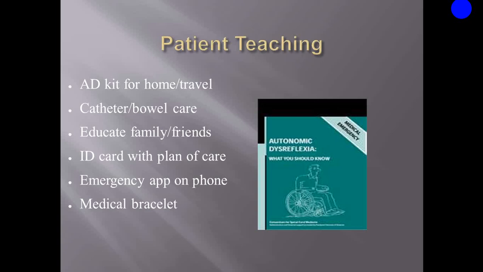An emergency app should be uploaded to the patient's phone to give an alert to those who are responsible for the situation. The medical bracelet should be worn by the patient.